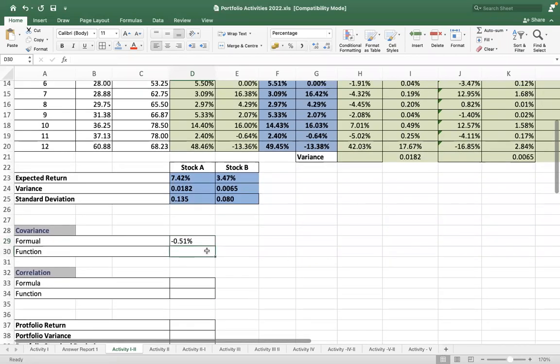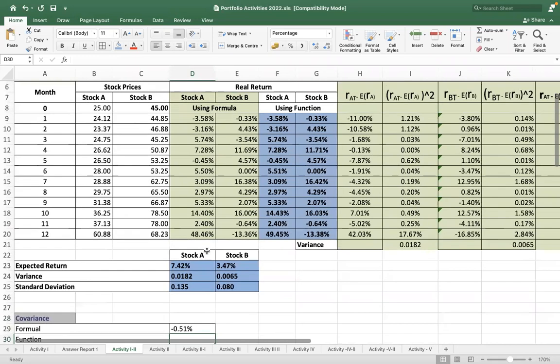Then we can also apply the Excel function, right? Covariance, we need to get the covariance of these two, return of stock A and return of stock B, right?